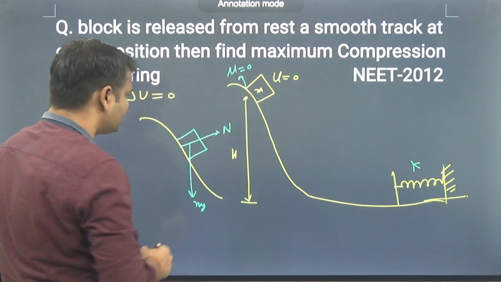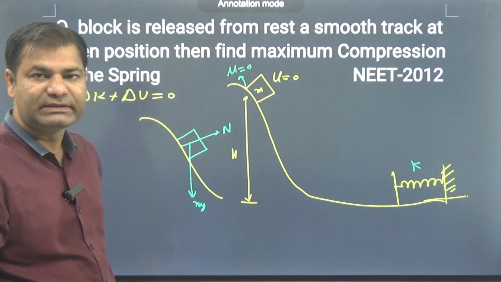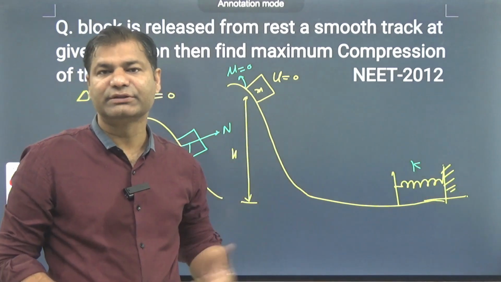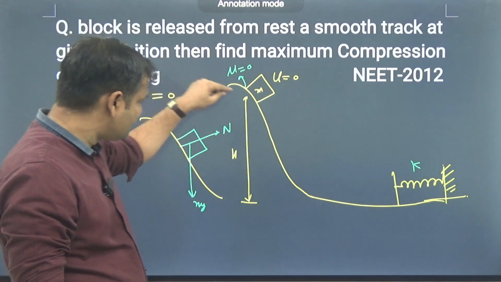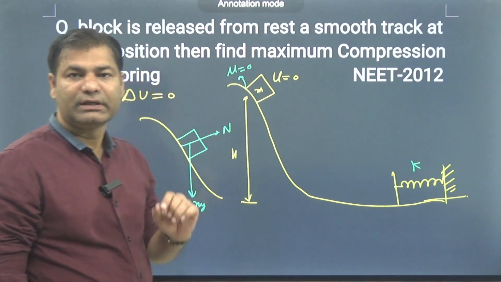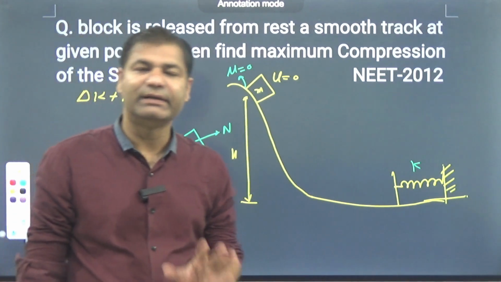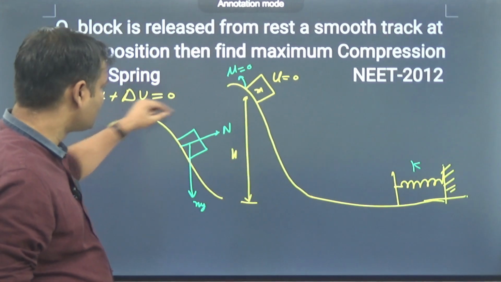Why? Because the surface is curved. So an external force is available here, and it is changing at every point. It is changing from point to point.